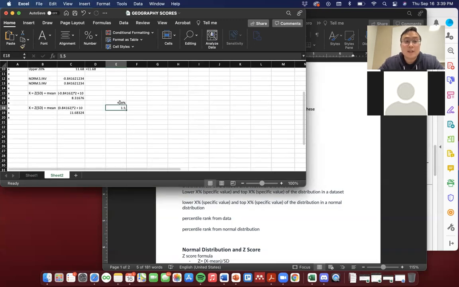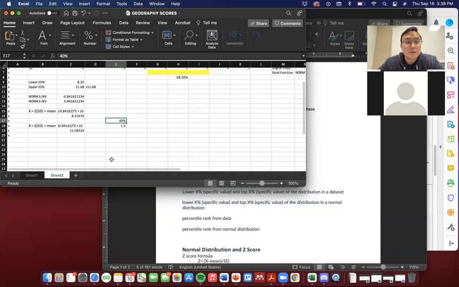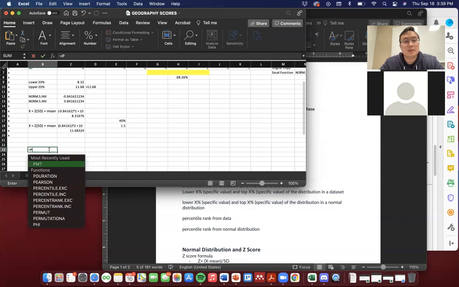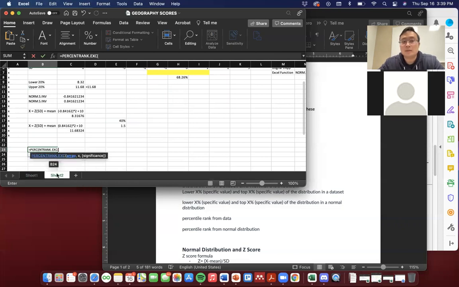Well, if they give you this, then you just follow these steps, right? Instead of lower 20%, you do lower 40%, you get the corresponding z-score, you plug it into this formula, get the x, and then whatever that x is, do percentile rank, right? And so that's percentile rank from normal distribution.